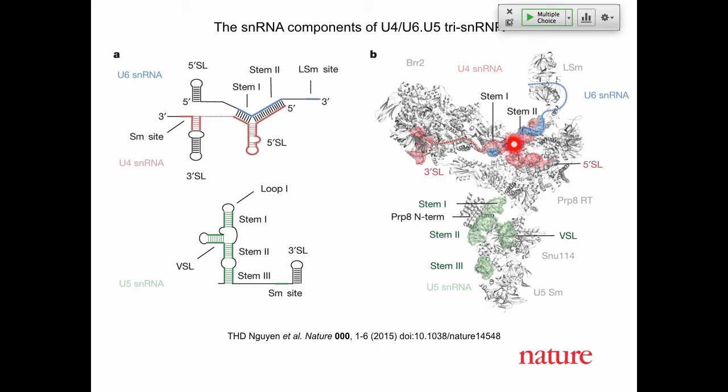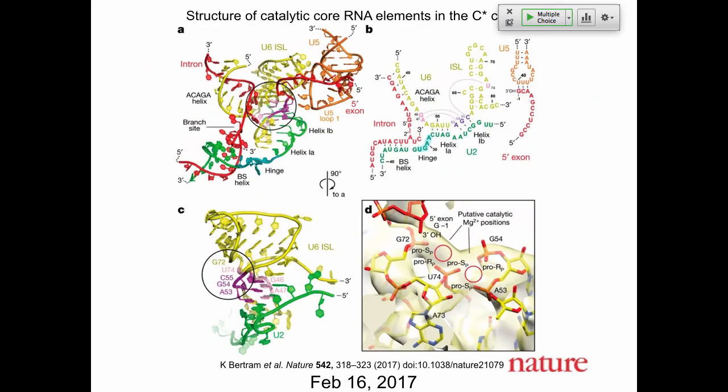So you have U1 and U2, and then you have U4, U5, and U6. And then, in the interest of trying to keep this up to date, this is a paper that came out yesterday in terms of the structure now of the spliceosome once it actually binds to the intron as it involved in that reorganization step here.